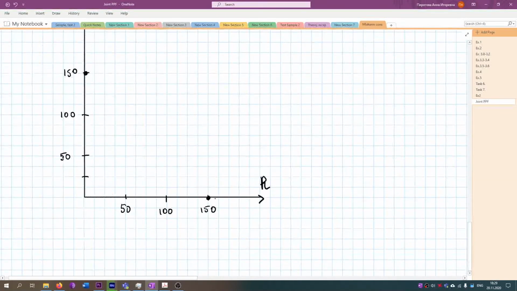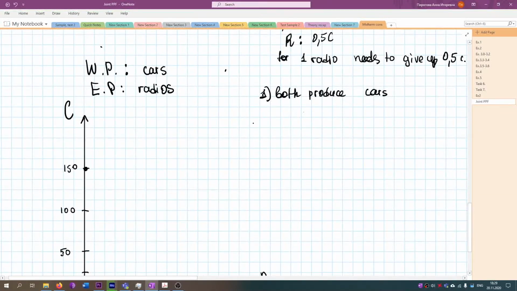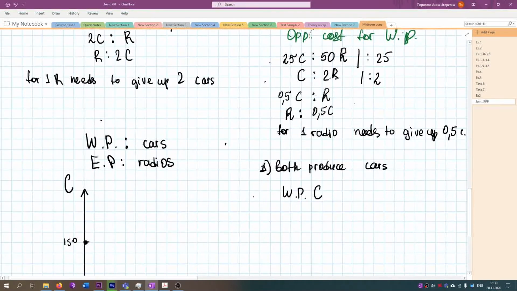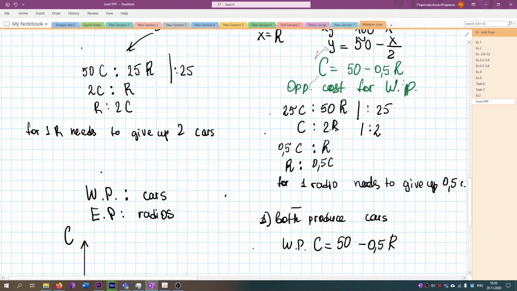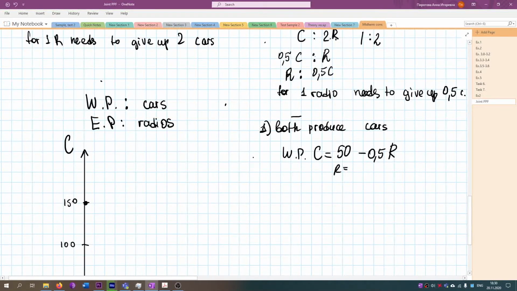So our production function for Western production is equal to 50 minus 0.5 radios. So R is equal to 0 because we decided that the Western production will produce only cars, and the number of cars is equal to 50 because this part becomes 0.